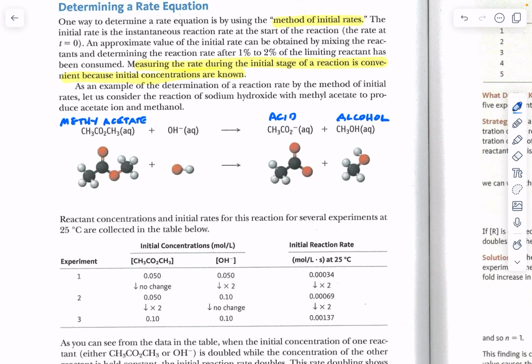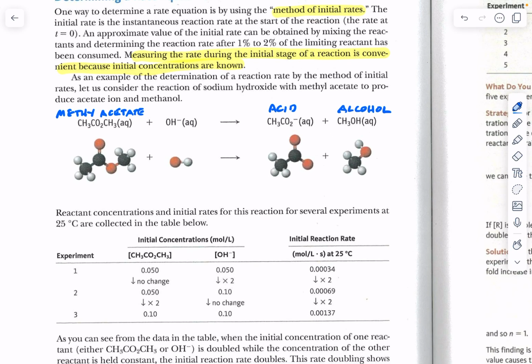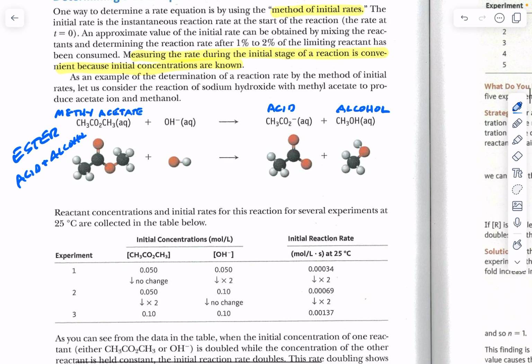Now let's do some examples. Here you have some methyl acetate. You'll remember that's an ester, and esters are made when you add an acid to an alcohol. Well, here we have just the opposite. Here we have my methyl acetate breaking down to become an acid and an alcohol.